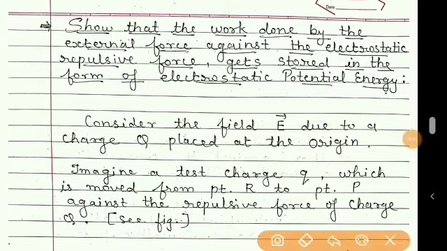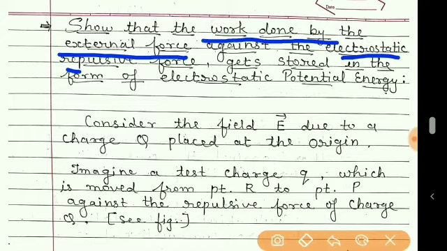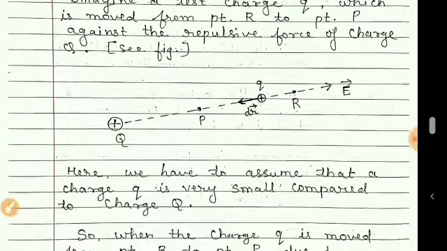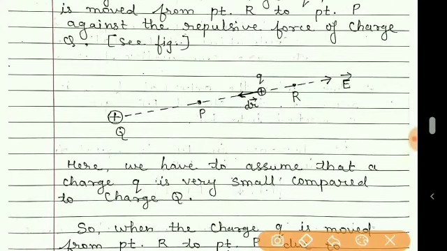Now let us see an important theory related to the work done by the external force against the electrostatic repulsive force, and this work done gets stored in the form of electric potential energy. Now in this theory we have to consider a charged particle kept at the origin.